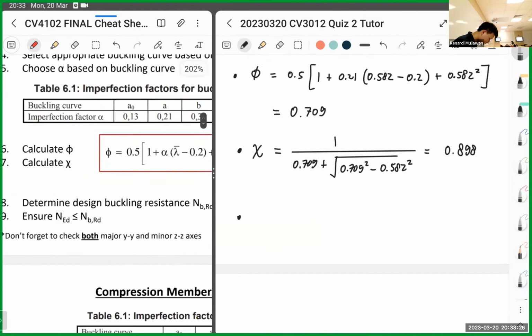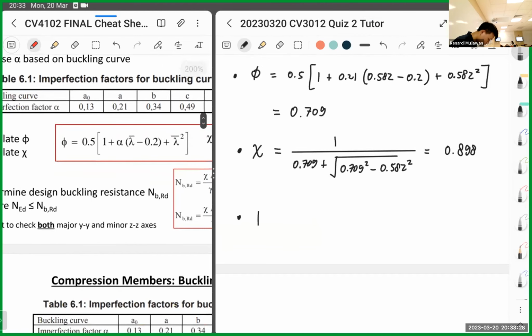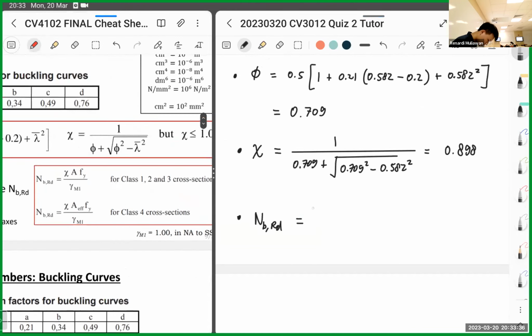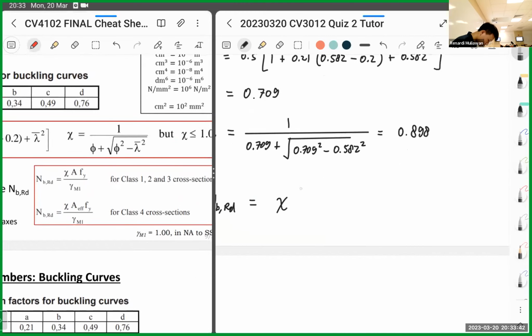So lastly is the buckling resistance, NbRd. NbRd is chi multiplied by A times Fy divided by gamma M1. So that's 0.898.